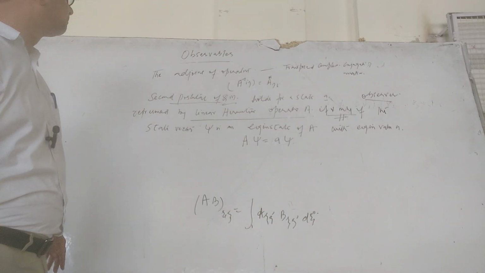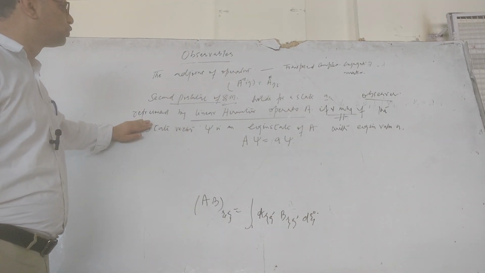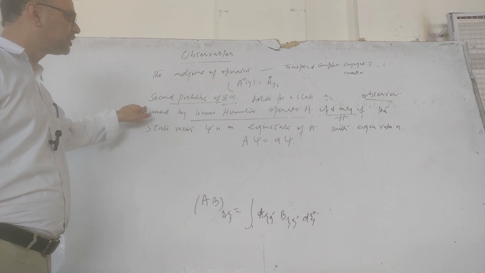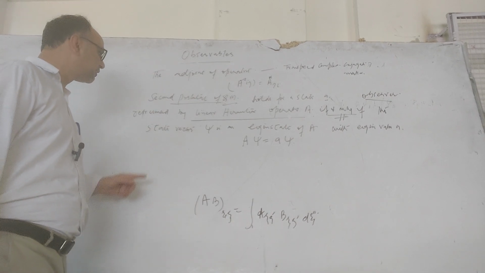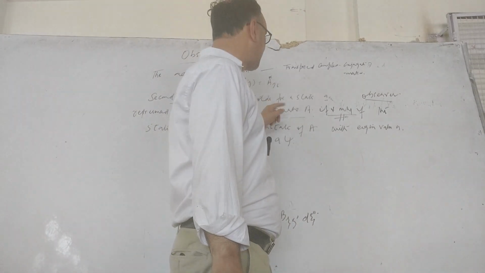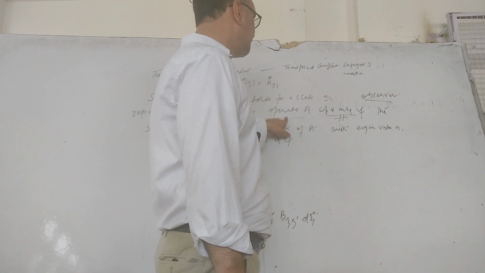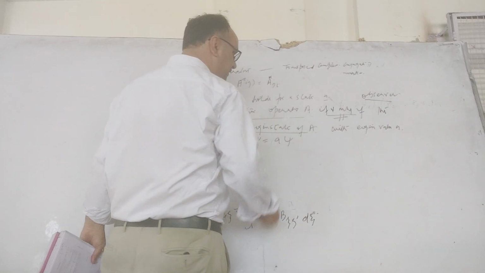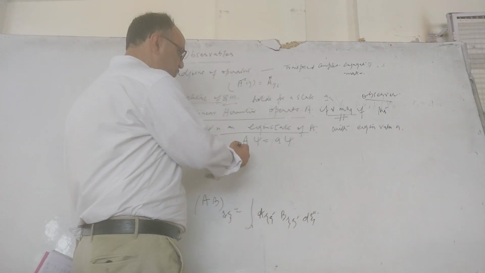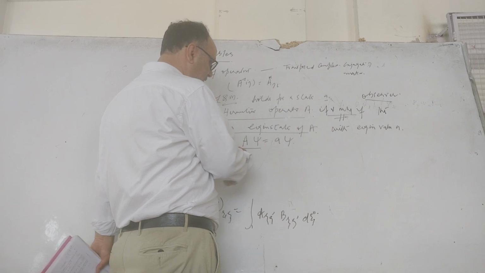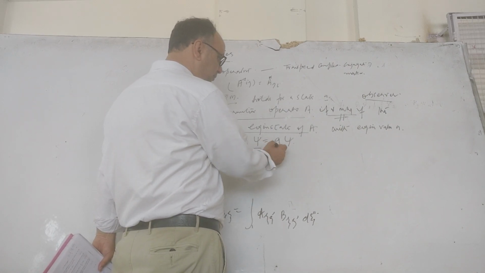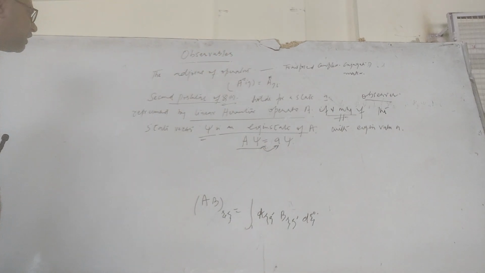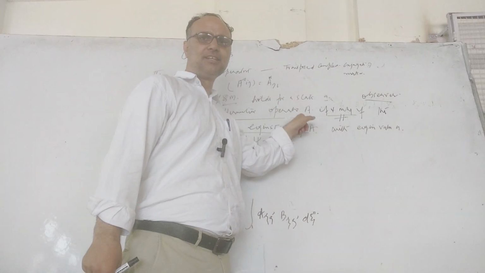So the thing is that for an observer represented by a linear Hermitian operator, a state can be represented by it only when the state vector psi is an eigenstate of A with eigenvalue A. So this condition should hold necessarily for an observer to be represented by the linear Hermitian operator.